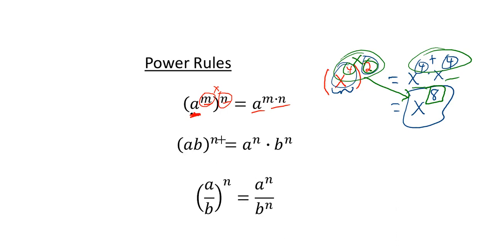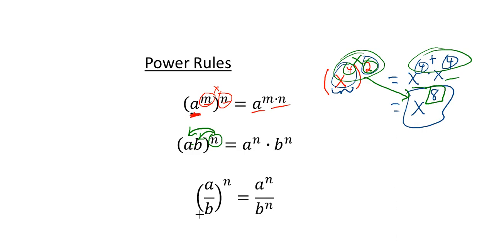These other two rules tell us that if you have an exponent outside parentheses and the two things in the parentheses are being multiplied together, you can distribute the exponent to those two things. In this case, they're factors. If they're being multiplied together, we call them factors. So you can distribute the exponent to each factor inside the parentheses.